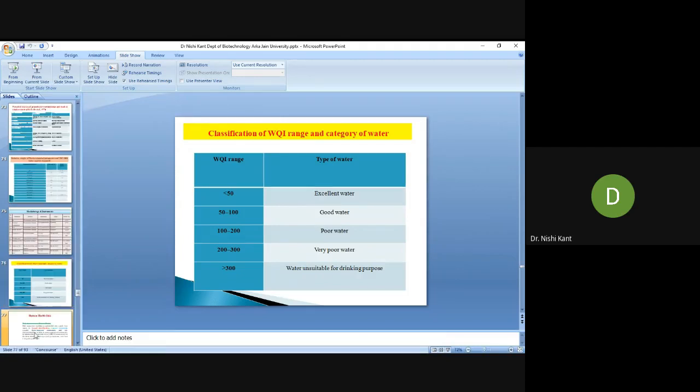Human health risk assessment we can mainly subdivide into four stages: hazard identification, exposure assessment, toxicity dose response assessment, and risk characterization.